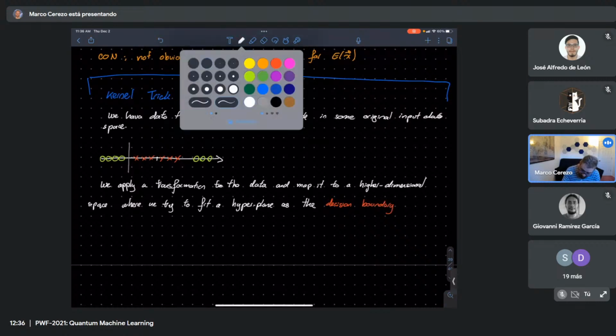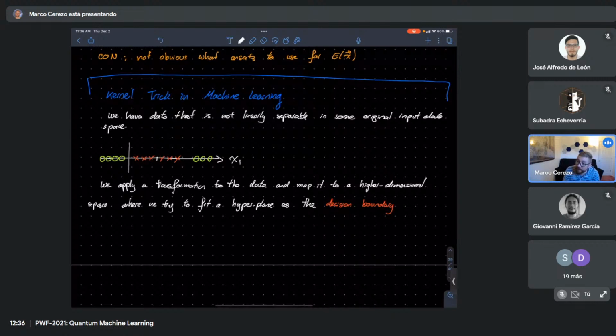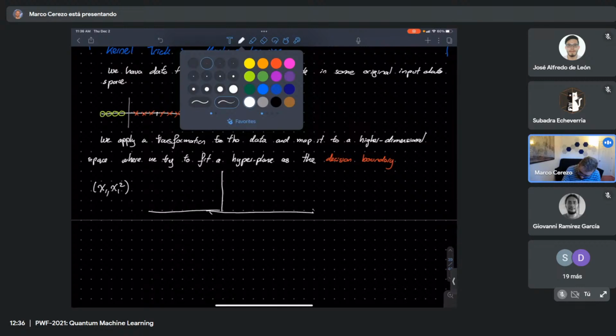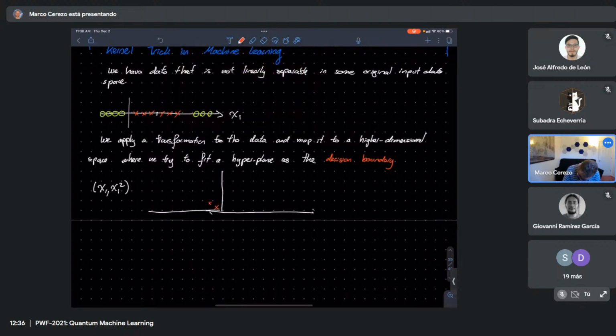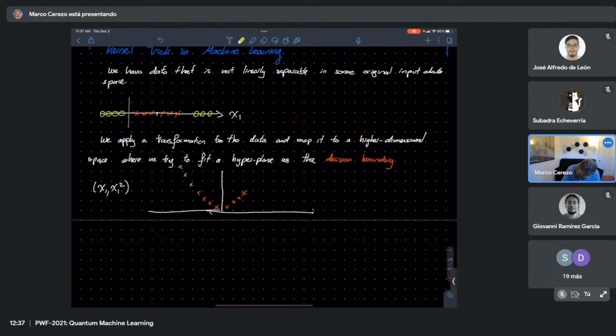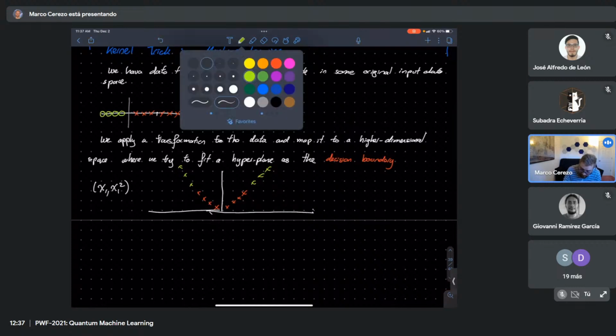So here, for instance, we can see that if this is my data, x1, something that we can do is we just embed it into a higher dimensional space, and now my vectors are going to be x1, x1 squared. So how would this data look here? Now we would have something where my red data is going to be of the form 1. I'm just taking my data, squaring it up, and that's what we get.